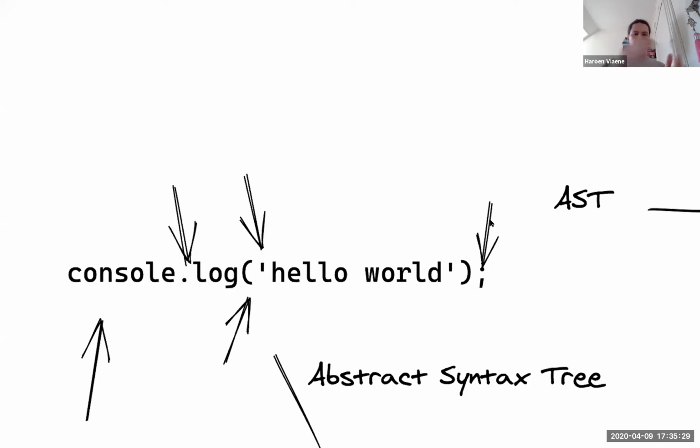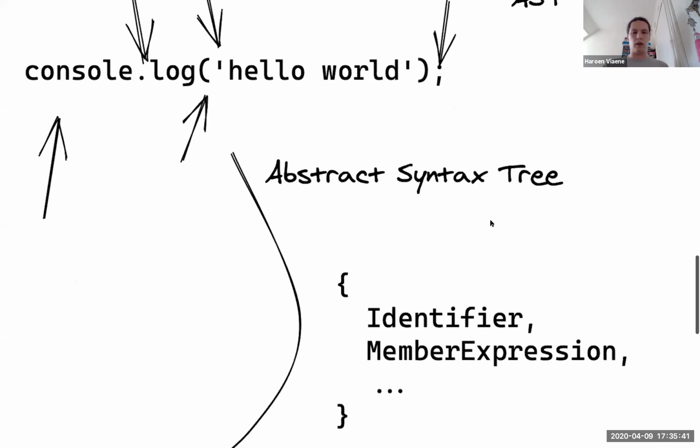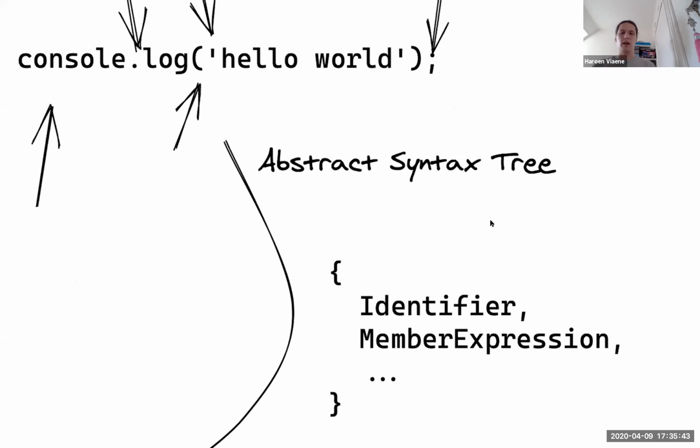You will take, for example, the console, which is an object, and the dot is a separator, the log is a member, the parentheses are parentheses, and the quotes are the start of a string. At the end of the day, you will have a little map, a tree of all of the different things of this program, a different representation that is no longer text, but is now structured.